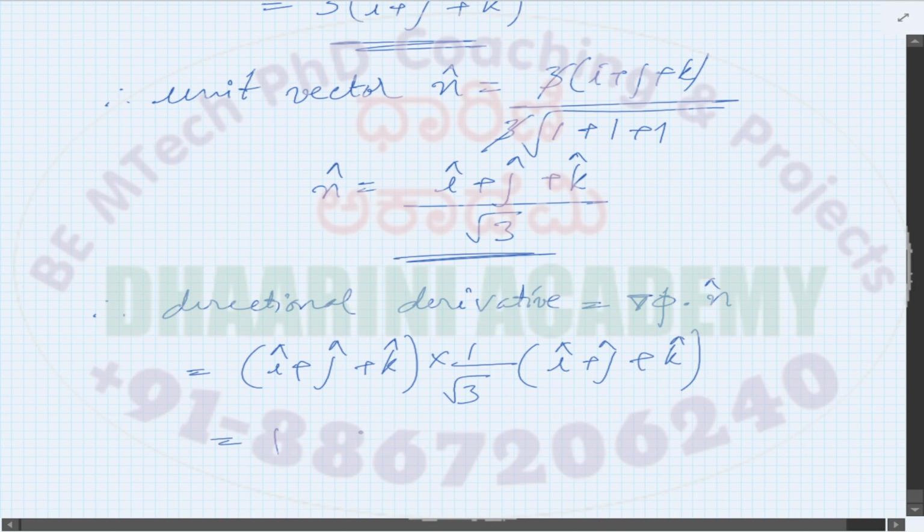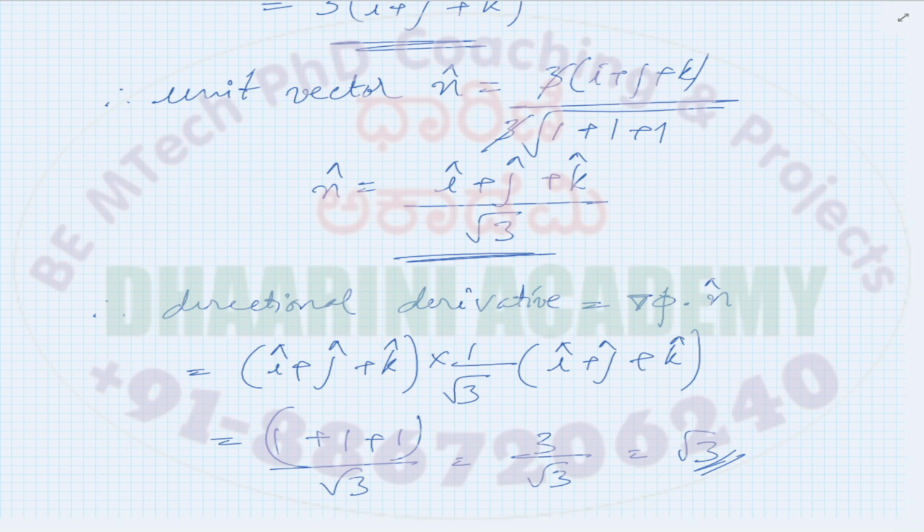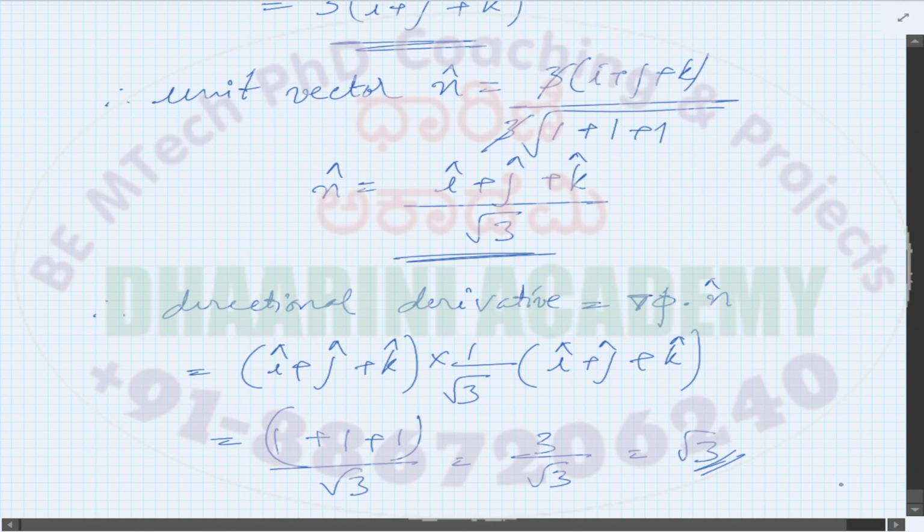So i into i is 1, j into j is 1, k into k is 1, whole divided by root 3. So the numerator is 3 by root 3. So the answer is equal to root of 3. Okay, now this is the first half of the answer.